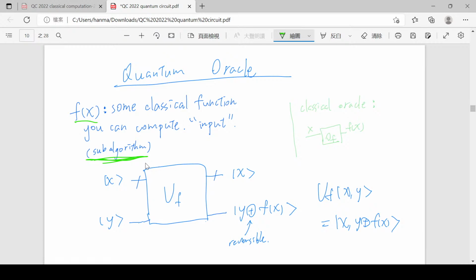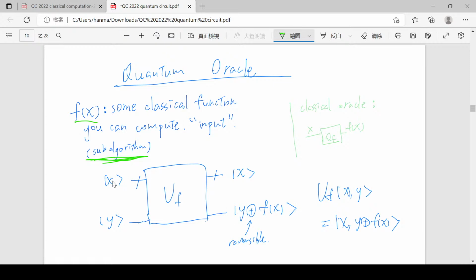And now we want to put this sub-algorithm like a black box in our algorithm. Now we think about what happens when we compute this f of x in a quantum computer. It will be this unitary that's related to f, so it's called U_f. Then you will have an input part and a record part.